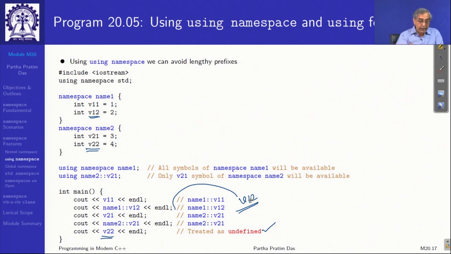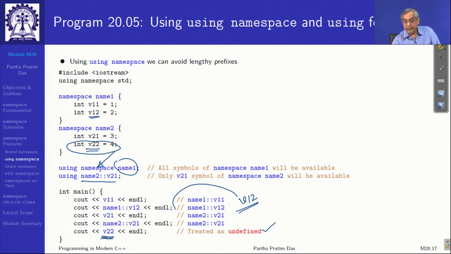Because in case of name1, I have put a using on the namespace overall, so all symbols in it are in the available list. But here I have just specifically said that I am going to use V21 from name2. I have not said that I will use V22. So, if I have to use it, I have to specifically say name2::V22.